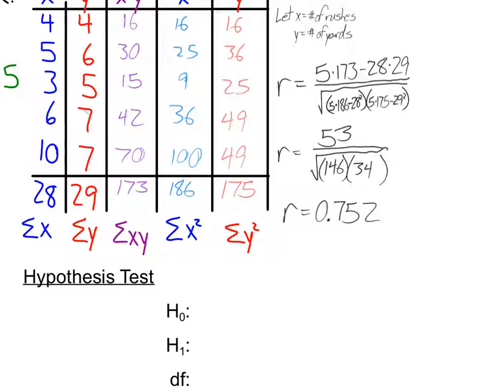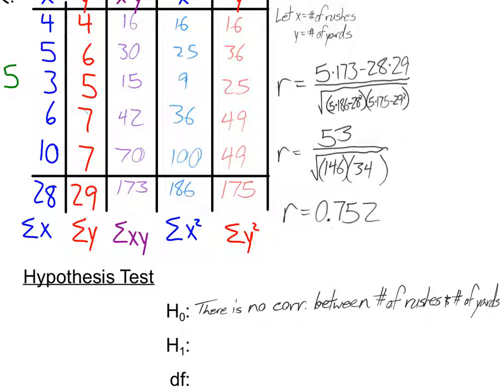Okay, so we would write out, I'm going to abbreviate a little bit, there is no correlation between the number of rushes that a running back has and the number of yards that he gains. Okay?